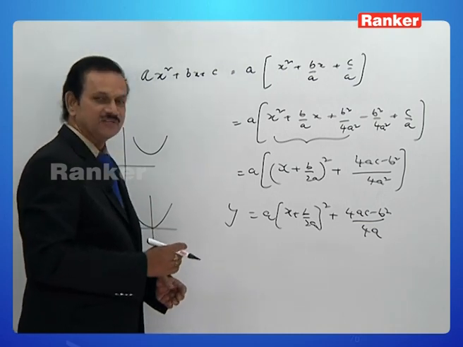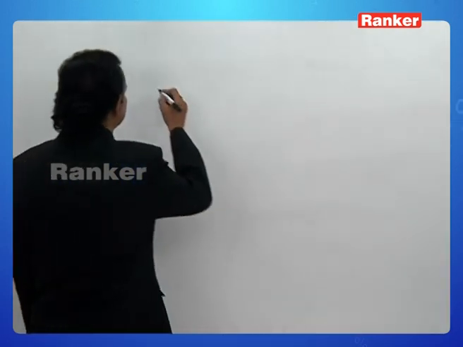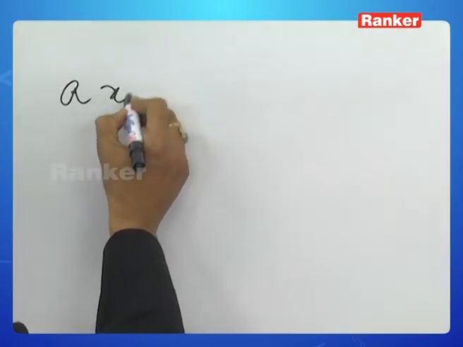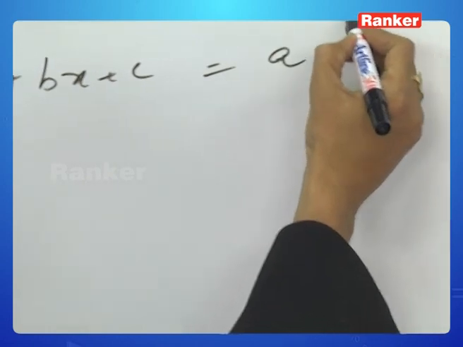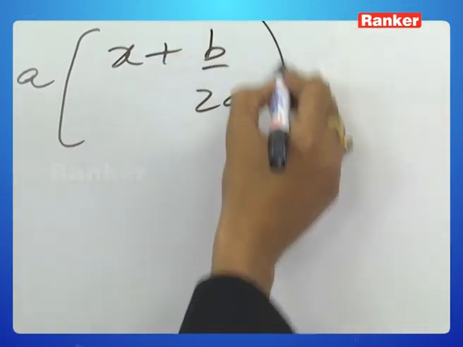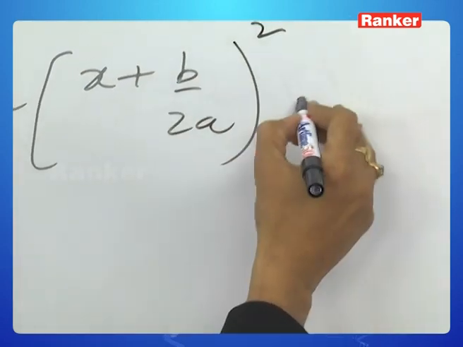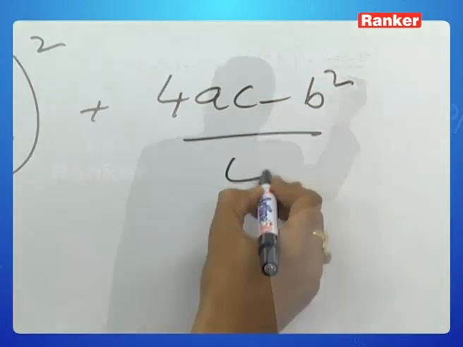Let us observe all those things in a detailed manner. It is an easy matter to write ax square plus bx plus c as a into x plus b by 2a whole square plus 4ac minus b square by 4a.